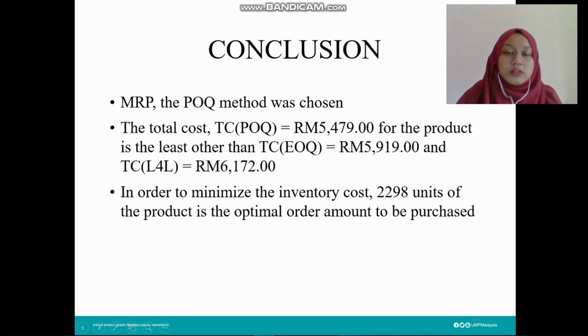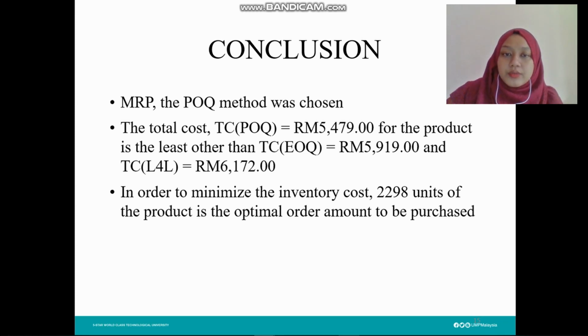Okay, for the conclusion, after comparing the 3 methods in the material requirement planning, the POQ method should be chosen, since the total cost for POQ, which is 5,479 ringgit, is the least compared to the other two: the total cost for EOQ, 5,990 ringgit, and the total cost for L4L, 6,172 ringgit.